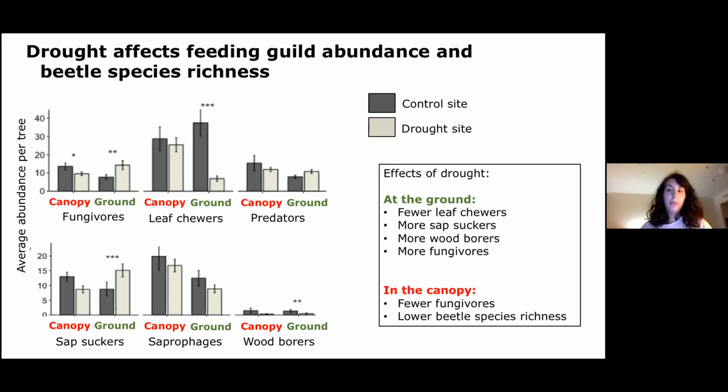At the ground level, almost every feeding guild was significantly affected by drought. Some would do better, some would do worse, but almost every feeding guild had a significant effect of drought on them. Whereas in the canopy, there was not that much happening. There were a bit fewer fungivores, and I also did find lower beetle species richness. But that was about it.